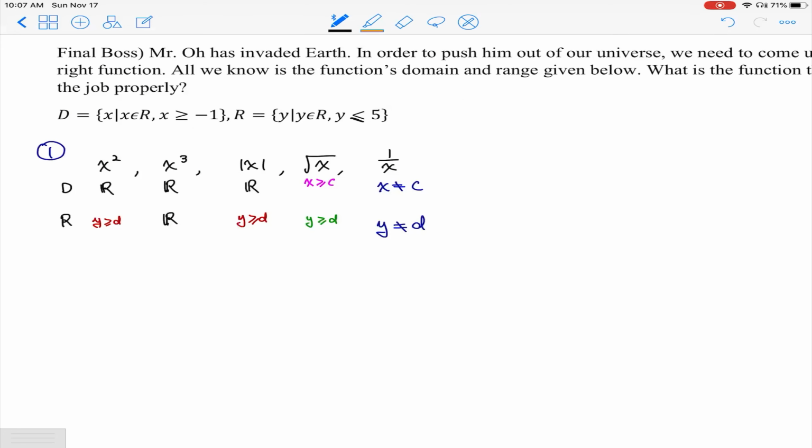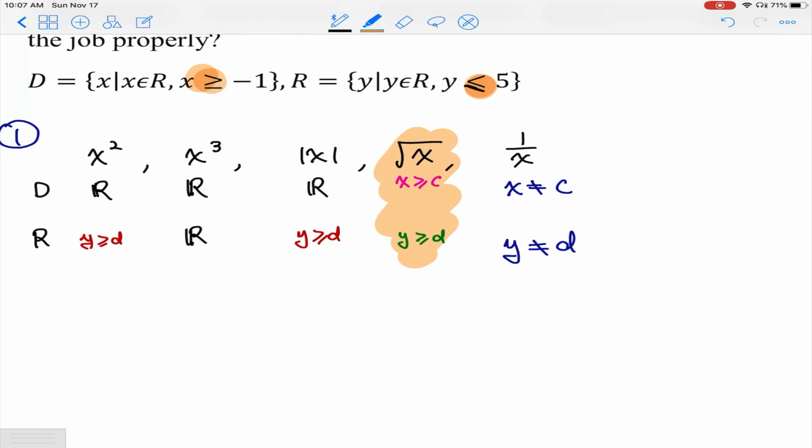The domain is given as x such that x is an element of real numbers and x is greater than or equal to -1, and the range is y such that y is an element of real numbers and y is less than or equal to 5. So in both domain and range we have inequalities. So find the function that has inequalities in both. In this case, we have the radical function that has inequalities for both the domain and the range. So our parent function is the radical function.